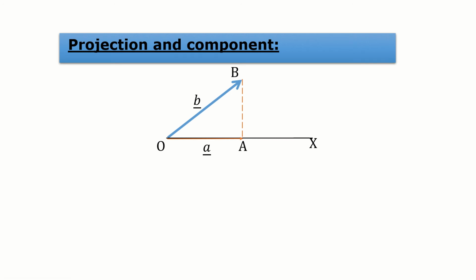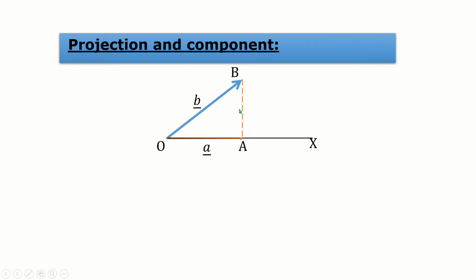And projection of a line. For the projection of a line also we have to draw a perpendicular from the ending point of this line. Ending point means here, the line OB. O is one point and another point is B. As the point O coincides with the line OX, there is no need to draw a perpendicular here, but from B you have to draw a perpendicular.